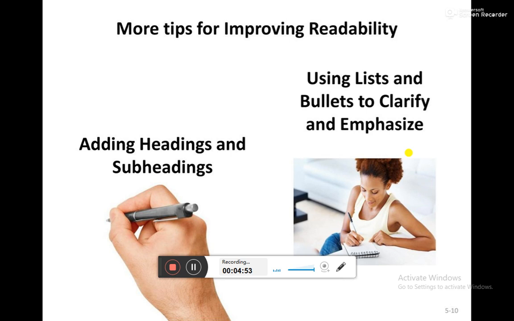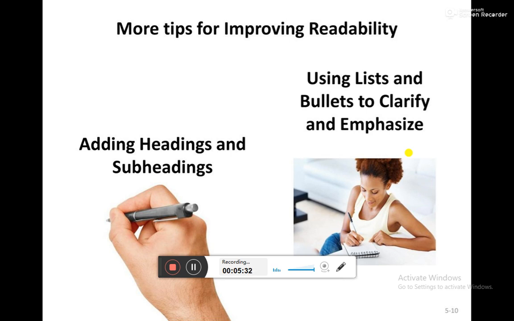Bullets are generally preferred over numbers unless the list is in some logical sequence or ranking, or specific list items will be referred to later. Make your list easy to read by making all items parallel and keeping individual items as short as possible. Also be sure to introduce your lists clearly so that people know what they are about to read.